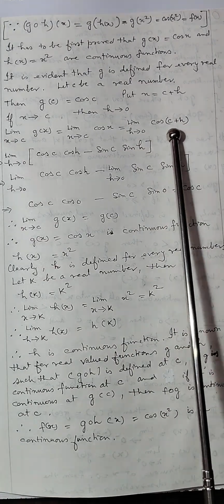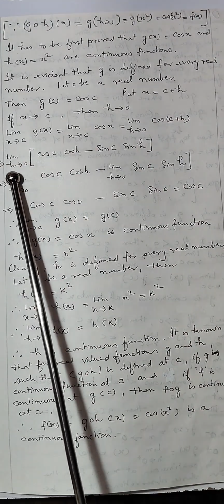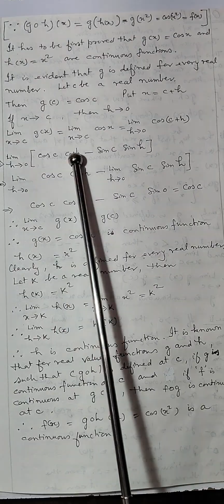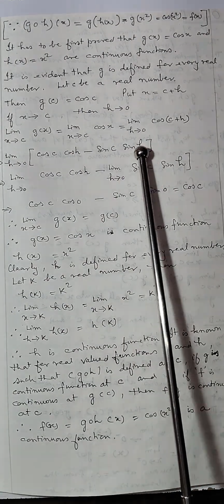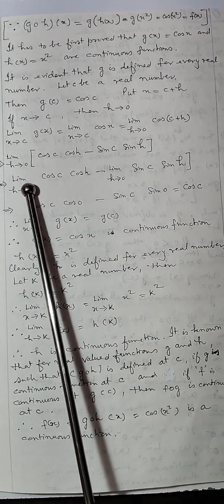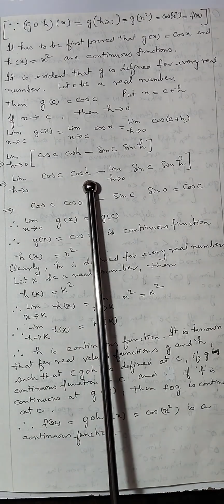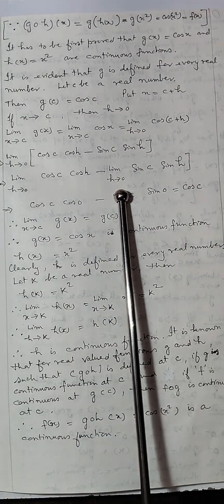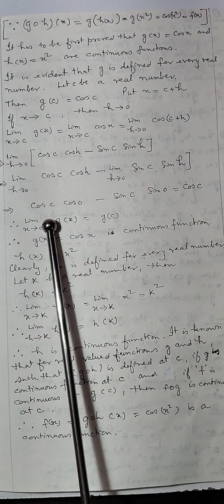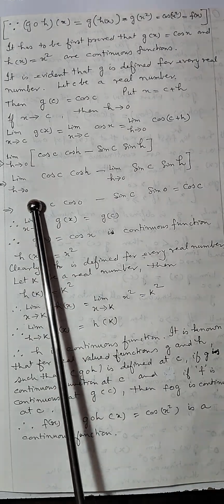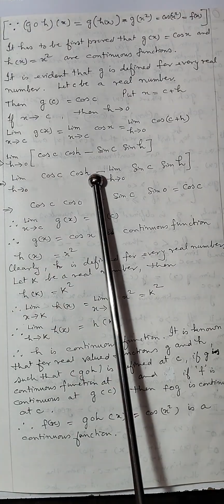Now cos of c plus h means the cos (a plus b) formula will apply here. So limit h approaching 0 of cos c into cos h minus sin c into sin h. Limit h approaching 0 of cos c cos h minus limit h approaching 0 of sin c sin h. Now taking the limit, we will just put the value 0 in place of h.